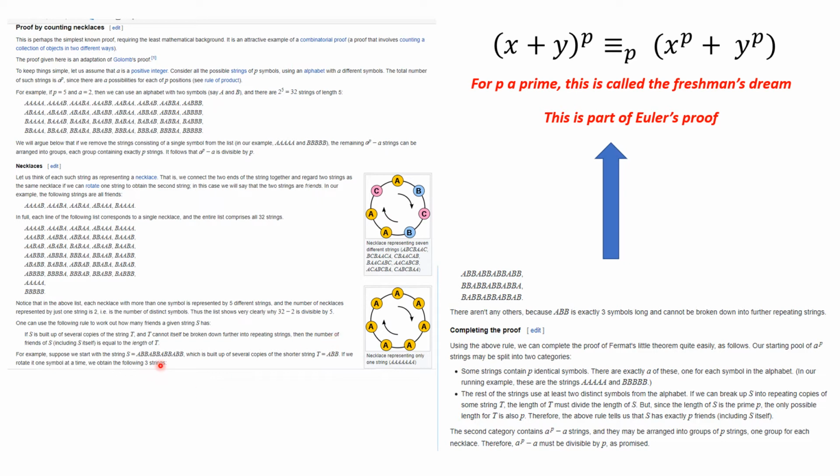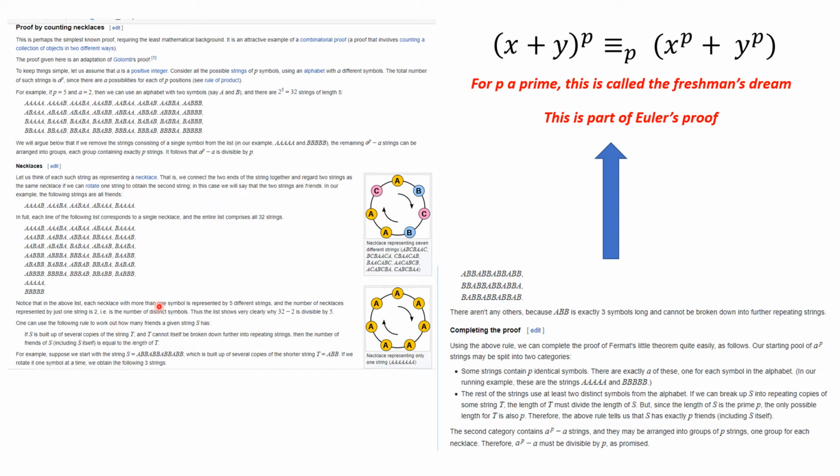So what we're going to do is take a set S, and S is made up of several copies of another string called T, and T cannot be broken down any further into repeating strings.